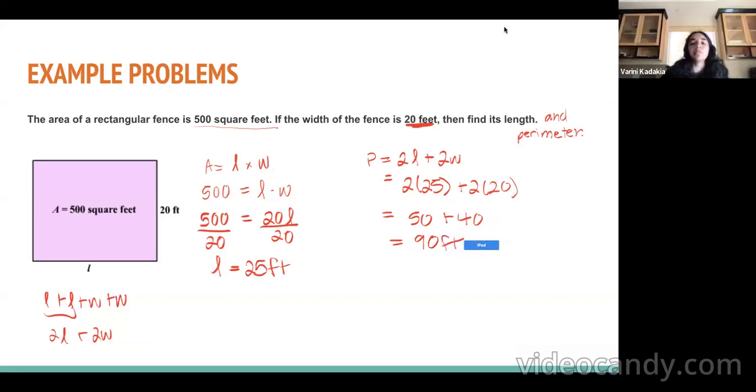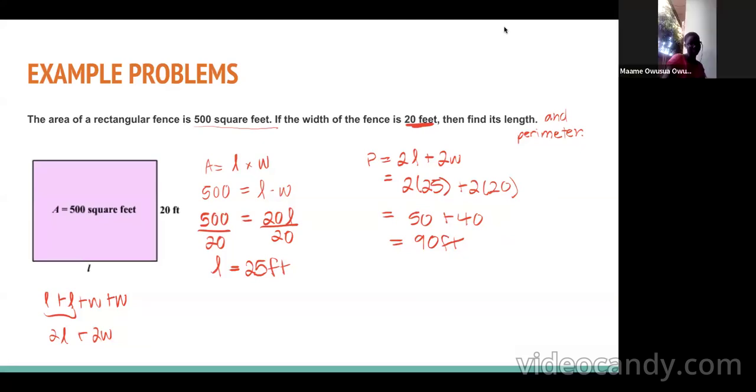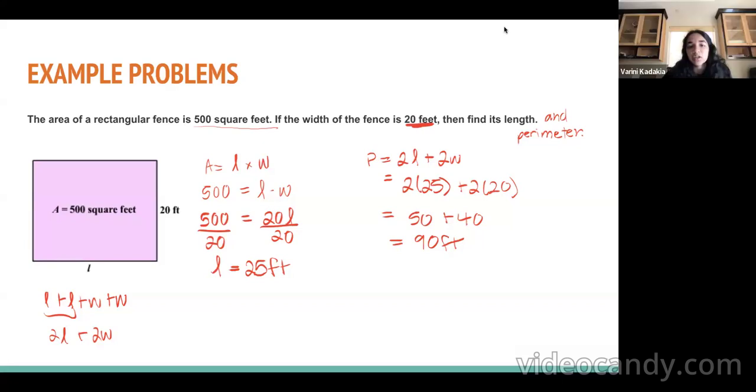So that's how you do this problem. Does anyone have any questions? I think all of you had the right idea on how to do it. I think you just mixed up the formulas, because some people were doing 500 equals 2L plus 2W, which is not correct. So just make sure you're using the right formulas.